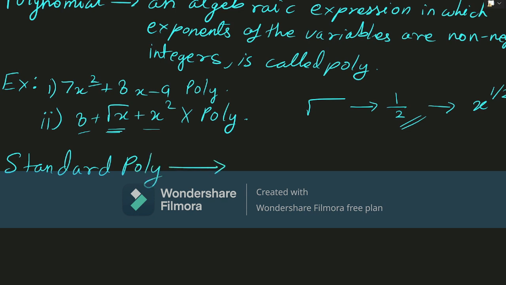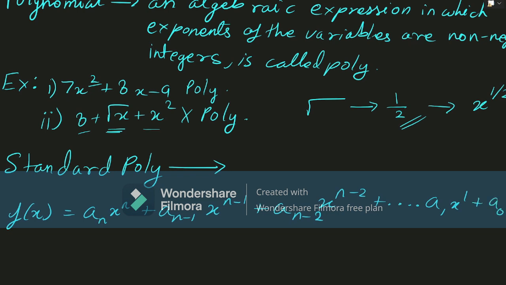The standard form of a polynomial is f of x equal to a n x to the power n plus a n minus 1 x to the power n minus 1 plus a n minus 2 x to the power n minus 2 plus so on, then a1 x to the power 1 plus a0, where a n is not equal to 0.